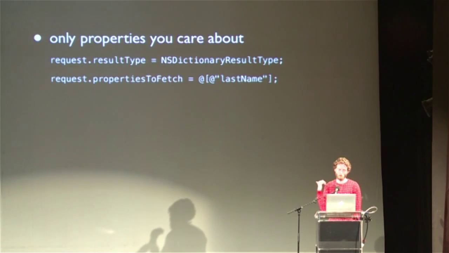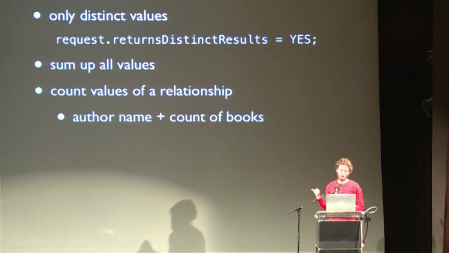There's some advanced stuff you can do with dictionary result type, very advanced SQL stuff that you can do with it, but basically instead of returning objects, you get these dictionaries, which are, as we saw yesterday, too. There are some horrible things about it, but you can do really cool stuff. You can do aggregation, so you can only get unique values from your database.